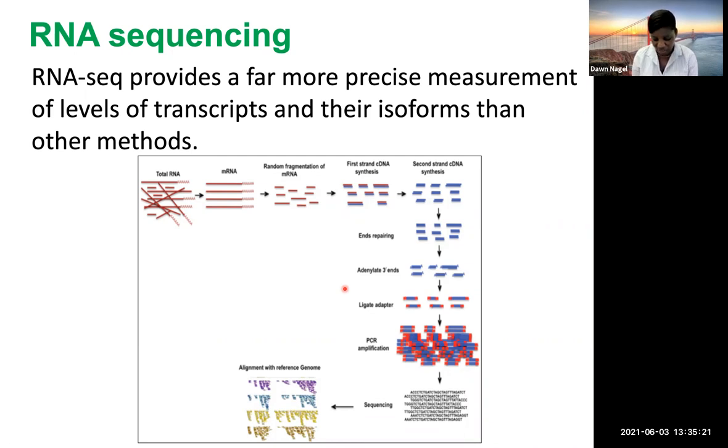So RNA sequencing is way more powerful in that sense because it gives you a more precise measurement of not only how much transcript is present in the genome, but what other versions of that transcript are present within the genome. And for that reason, it's become the popular method of choice.